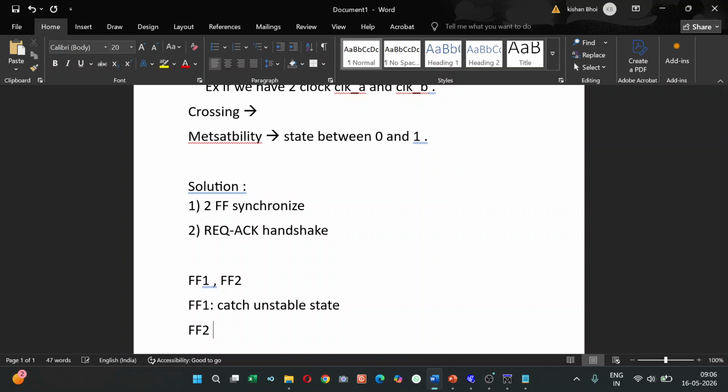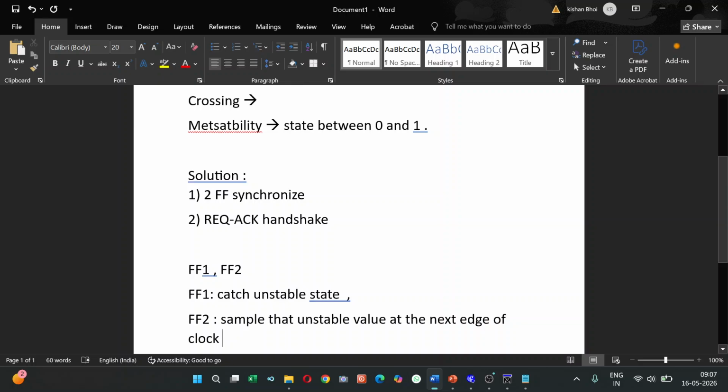Now the task of flip-flop 2 is to sample that unstable value at the next edge of the clock. When it samples, it will sample it when the unstable state has become a stable state. So that's how this 2FF synchronizer solution works.